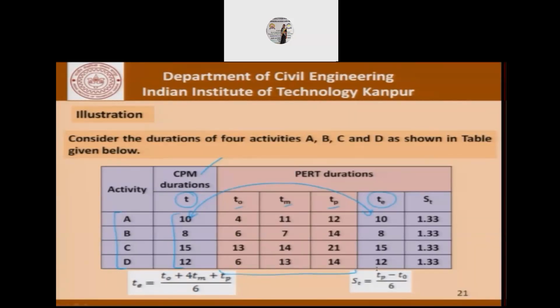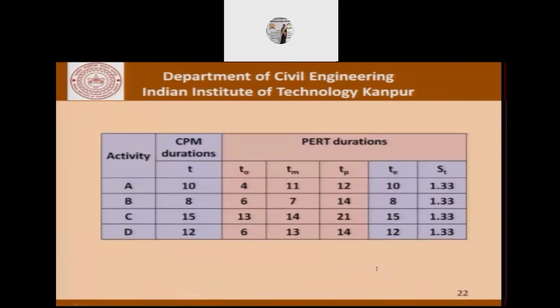So activity A has 10 here, it is TE here, it is 8 here and 8 here, 15 here, 15 here, and 12 and 12. So this effectively ensures that the TE is the same. Similarly, using this equation here, we've calculated the ST associated with each of these activities.